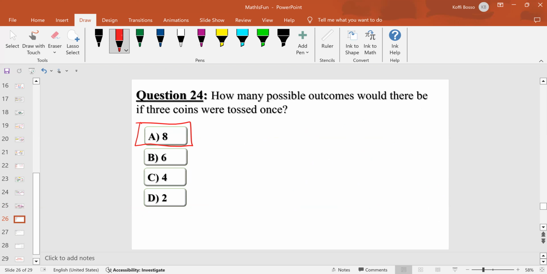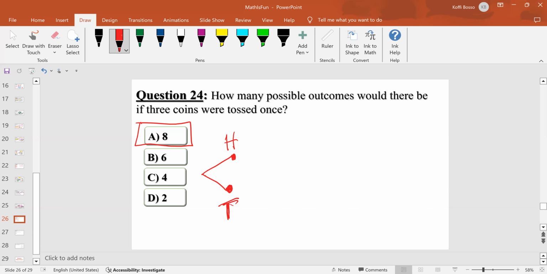So the tree diagram is this. I'll make this. Understand that if you toss a coin, you have two choices: you're going to have heads or you have tails.